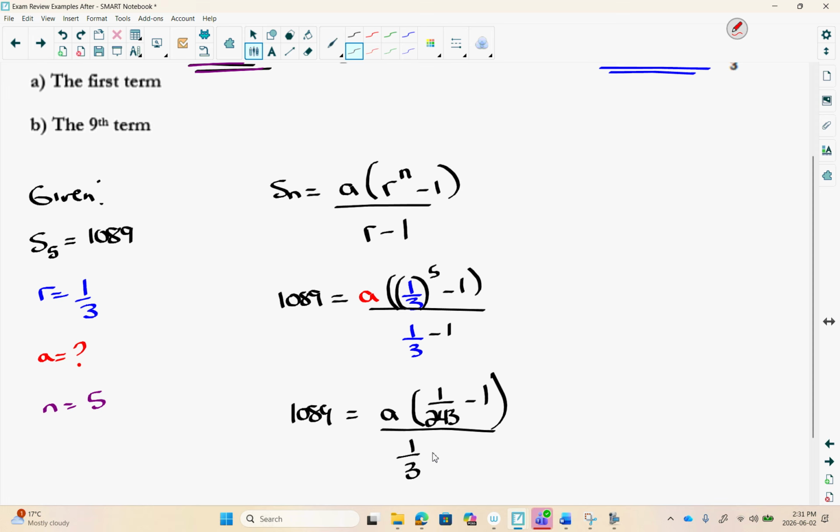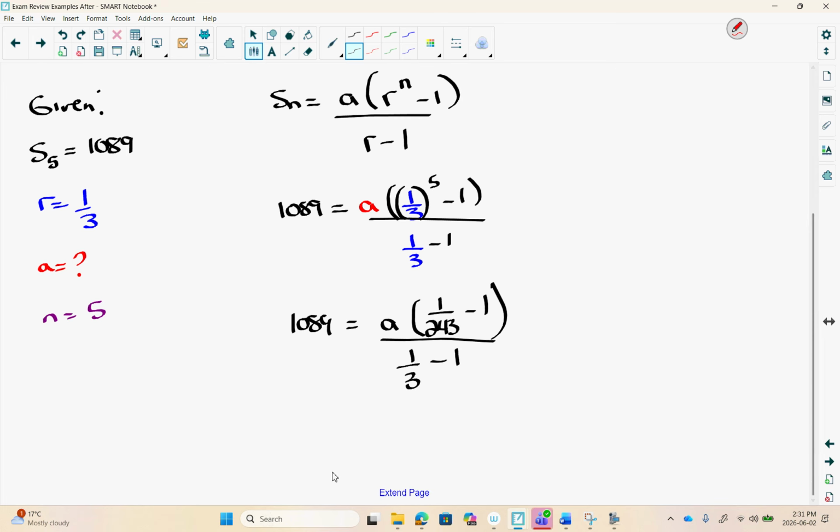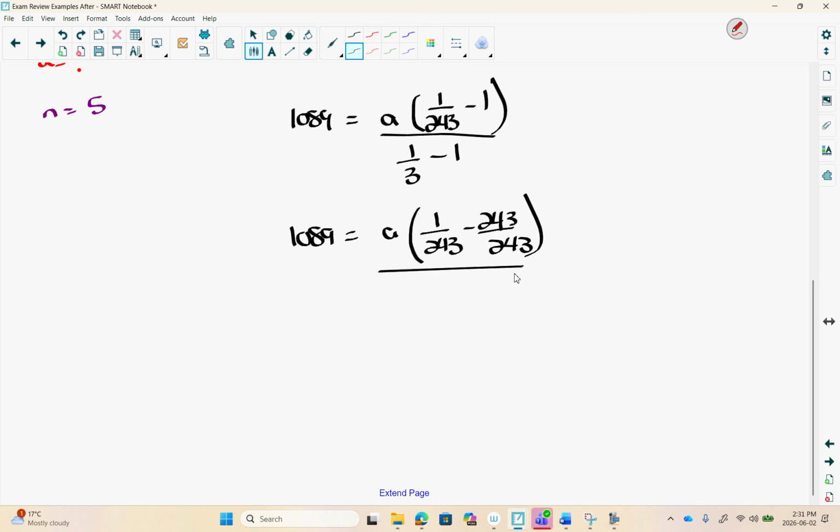How do I subtract that? I've got to get common denominators. So I'll have 1089 equal to A. In the brackets up here, I'll have 1 over 243 minus 243 over 243, 1 whole. And then I'm going to divide that by 1/3 minus 3/3.